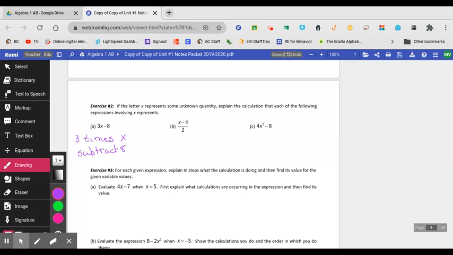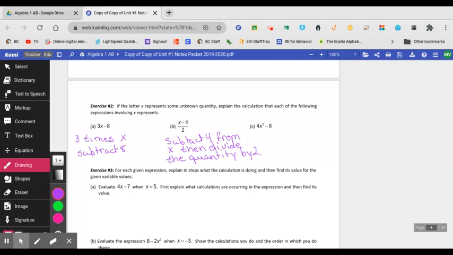Letter B, we're going to subtract 4 from x, then divide the quantity by 2.